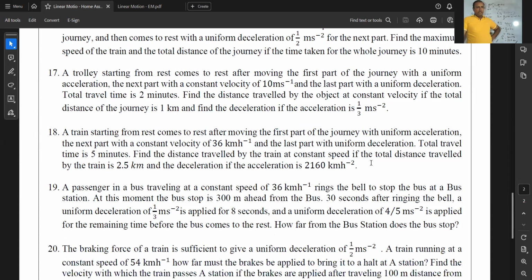Okay. Can you do question number 18 and 19? 18 and 19, quickly. I will give you 5 minutes. 10 minutes. Okay. Question number 18 and 19. Have you completed?